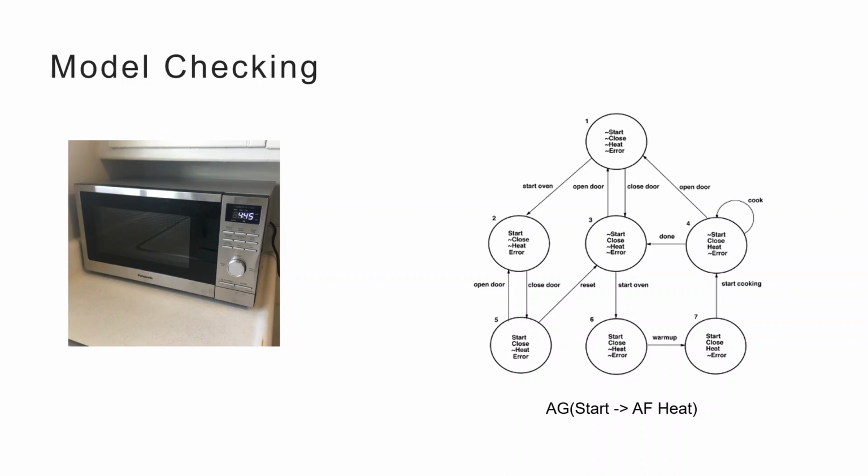And for example, we can abstract the operation of a microwave oven into the following finite state machine and verify whether this temporal logic holds to determine if a system meets the specification. This expression roughly means that for all successor states of the current state where start is triggered, the microwave oven will eventually reach a heating state.